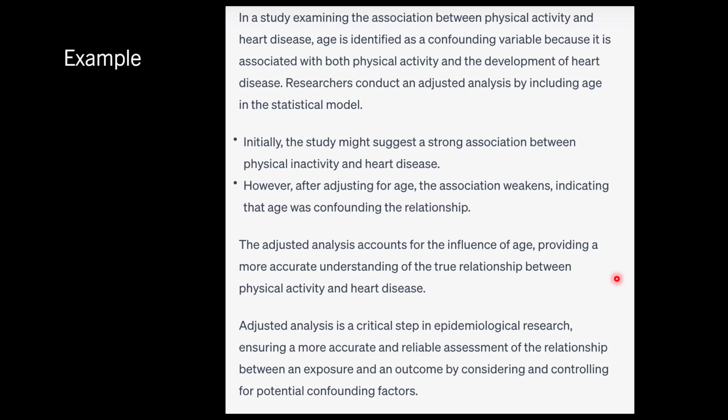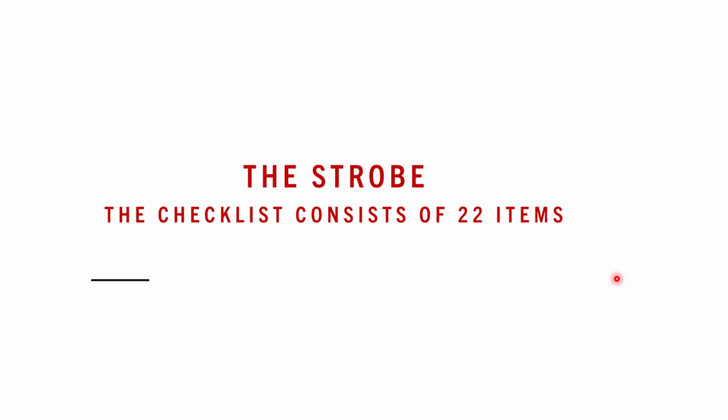However, after adjusting for age, the association weakens, indicating that age was confounding the relationship. The adjusted analysis accounts for the influence of age and provides a more accurate understanding, and it's a critical step in epidemiological research.